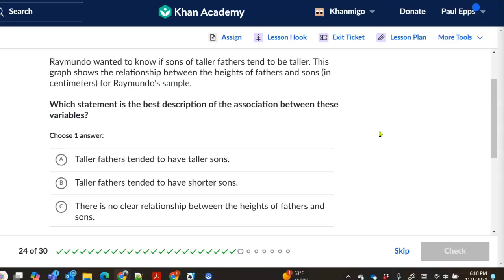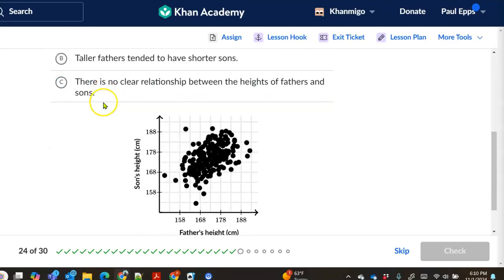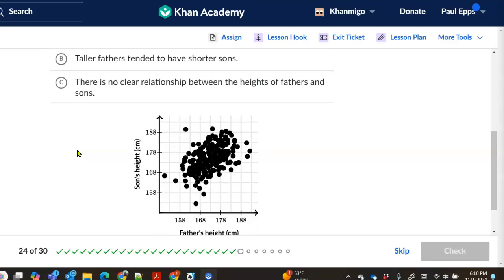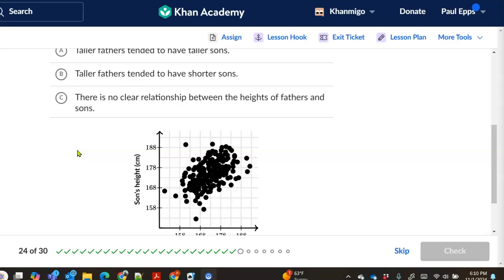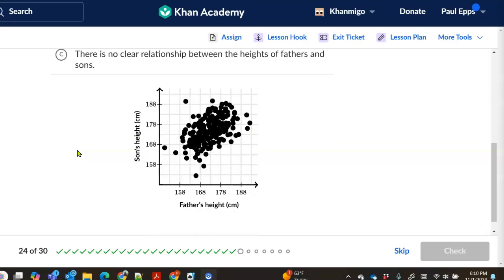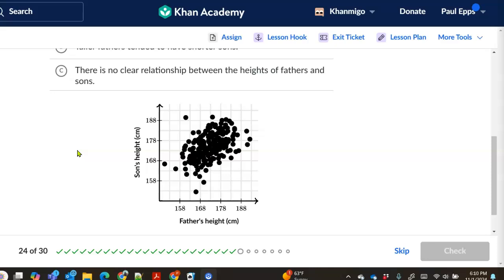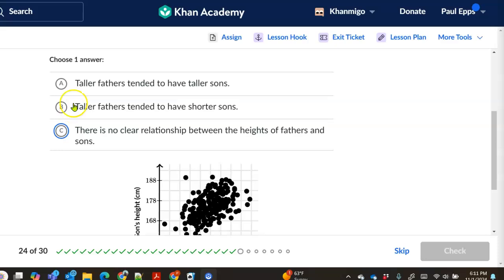Taller fathers have taller sons, taller fathers have shorter sons, no clear relationship. Well, let's take a look. It's a blob, but it's definitely slanting up and to the right, which would indicate that taller fathers have taller sons. So I'm going to go with that.